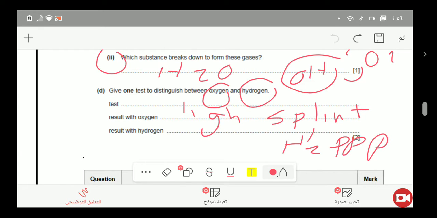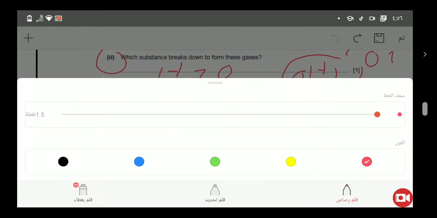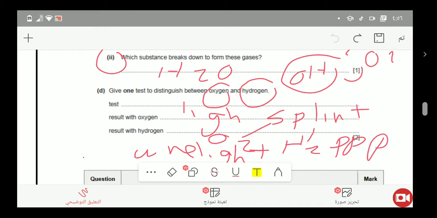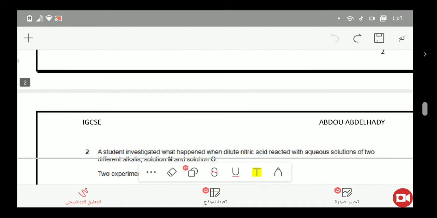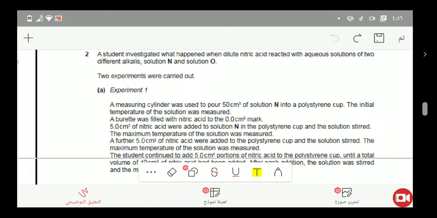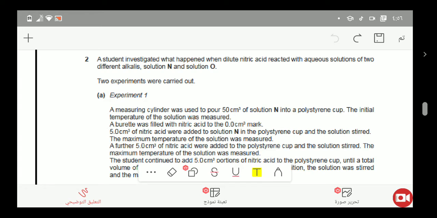And oxygen will make the splint relight again. So it is easy to distinguish between H2 and oxygen. Okay, next question. These were the answers. I put the answers here to make it easy to study.